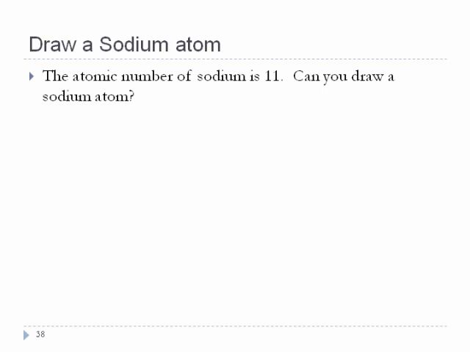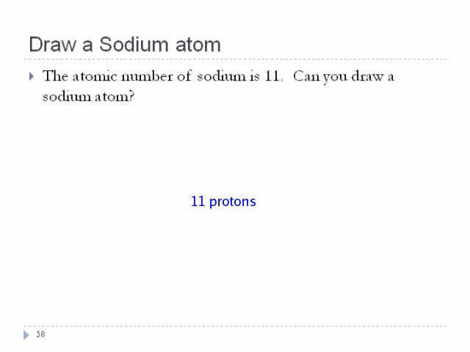So here I tell you the atomic number of sodium is 11. Can we determine what the structure of this sodium atom is? So if its atomic number is 11, that means it has 11 protons. And those protons are going to be in the center of the atom, in the nucleus of the atom.